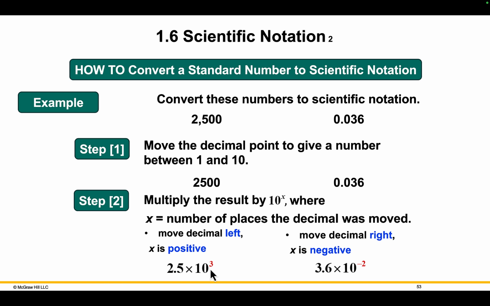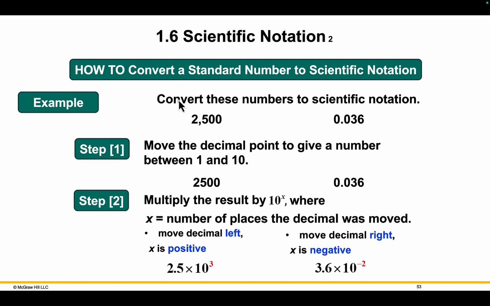However, the way that I like to remember this, as far as positive or negative, is did I start with a big number or a small number? So 2,500 is a big number, right? Meaning it's more than 1. You'll notice that when my exponent is negative, that original number in standard notation is going to be less than 1.